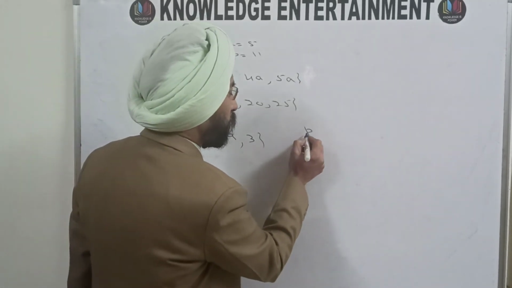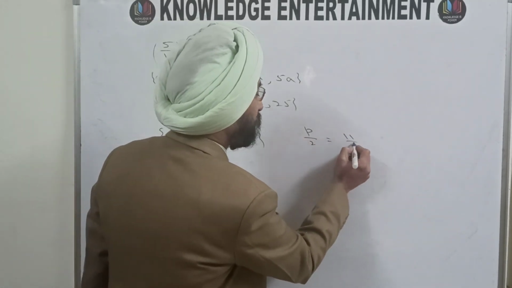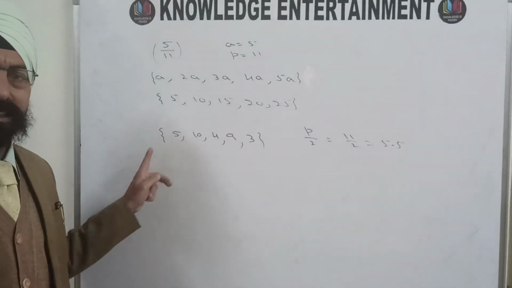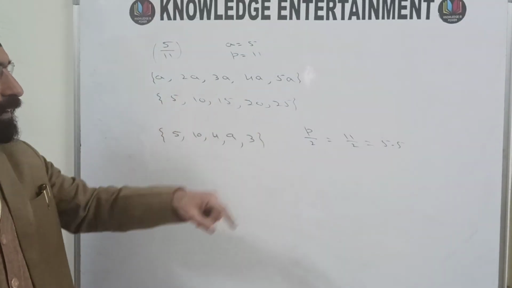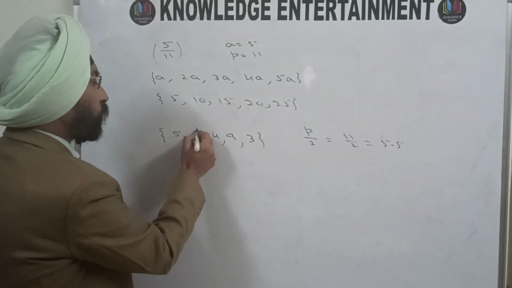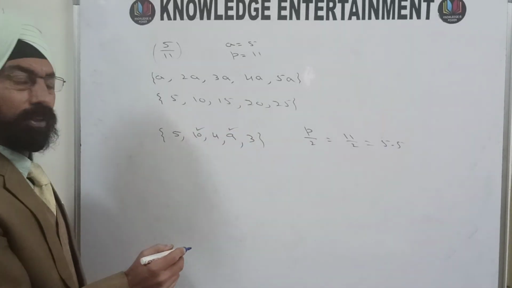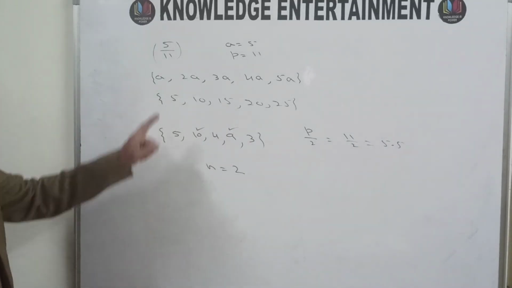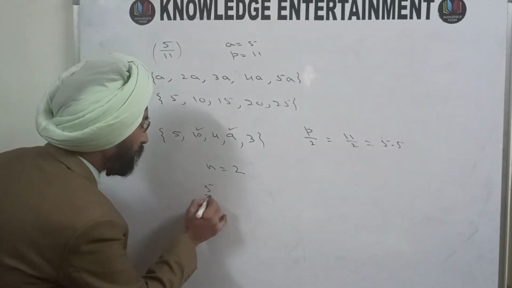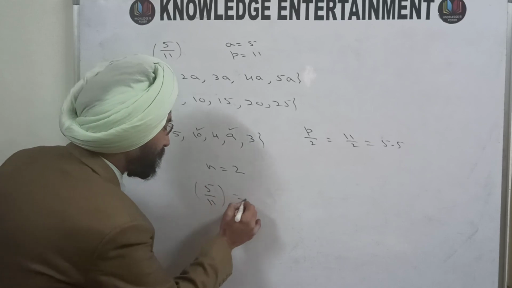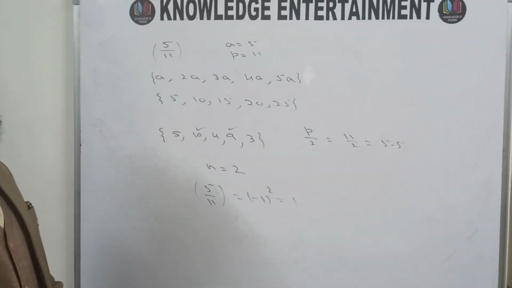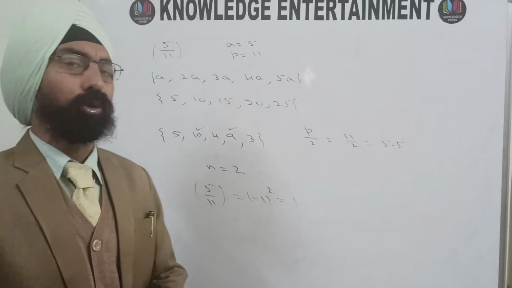Now look at what is your p/2. 11/2 means 5.5. How many of these are greater than 5.5? 1 and 2. So your n is equal to 2. Therefore, this Legendre symbol (5/11) is equal to (-1)^2, which is 1. Or you can say that 5 is a quadratic residue modulo 11.